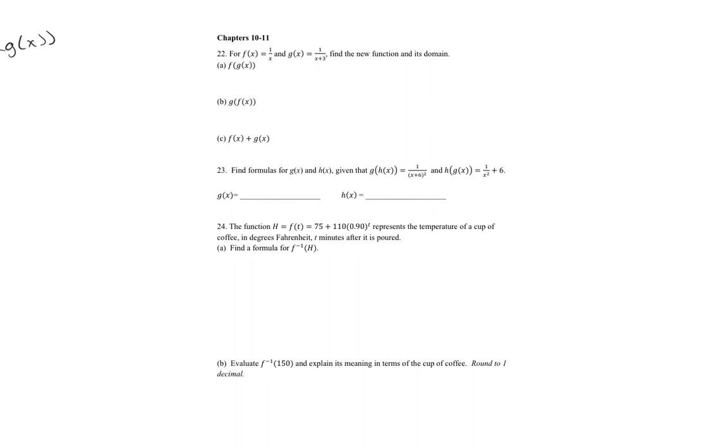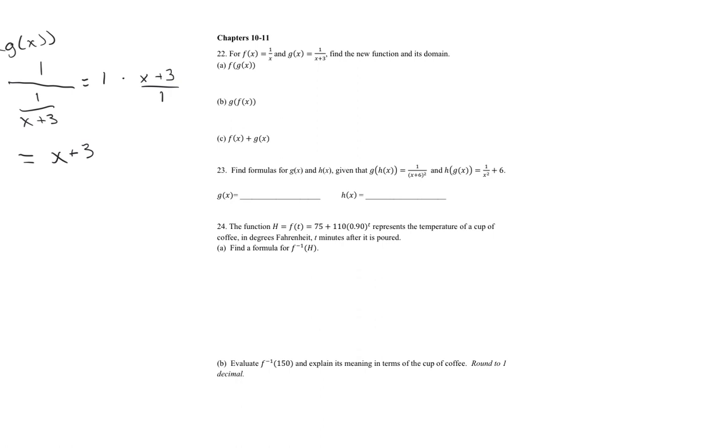And so this will make it equal to 1 over x plus 3. We have like a 1 on the top and a fraction on the bottom. And when we're dividing, it's the same thing as multiplying by the reciprocal of the fraction. So that's what I'm going to do. I'm going to say this is the same thing as 1 times x plus 3 over 1, which turns this into just x plus 3.